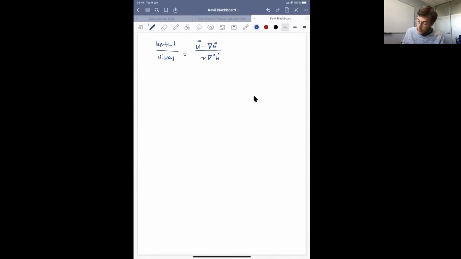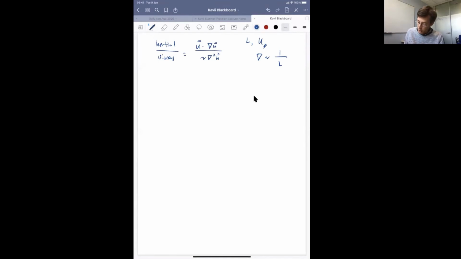And the game we're going to play is we're going to assume that there's a single length scale in the fluid, L, let's say, and a characteristic velocity scale in the fluid, u. And we might eventually talk about a characteristic time, but let's come back to that in a second. Because of that, we're going to assume that derivatives, like del, are 1 over a characteristic length.